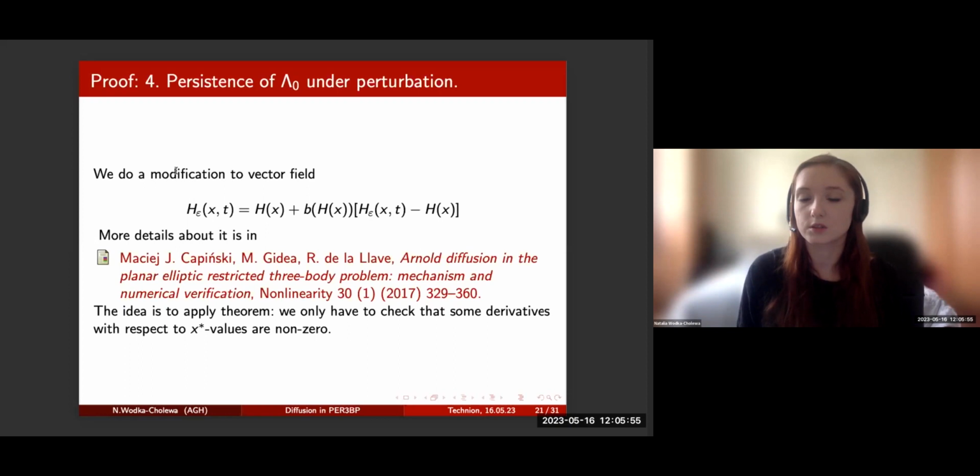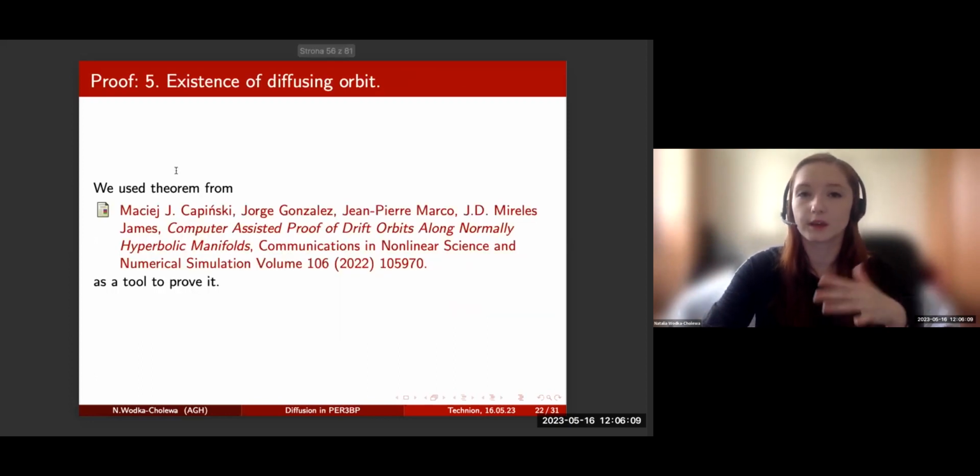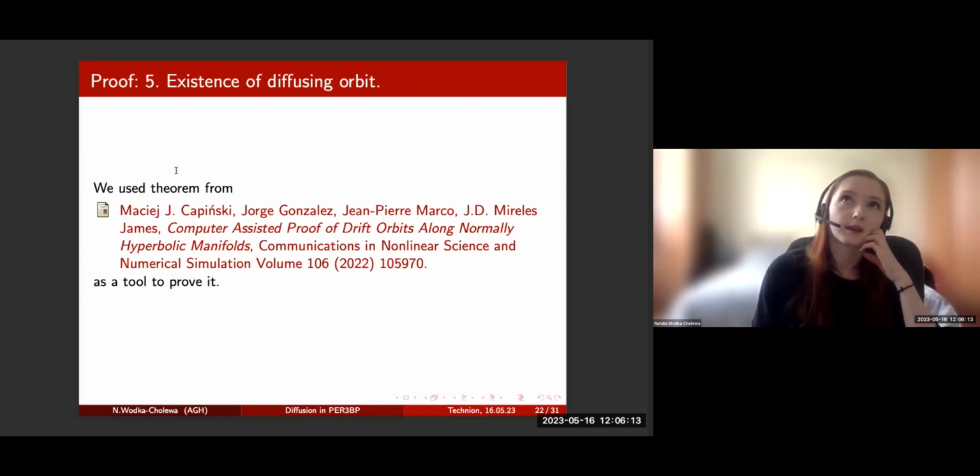But the modification is rather complicated and technical, and you have to check that the derivatives work and everything is okay on the manifold. Okay, so the last part of the proof is the main tool.